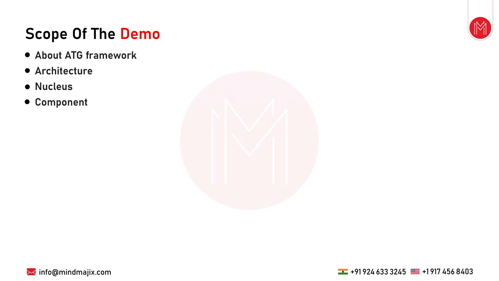ATG is a framework. It provides a few things out of the box, meaning multiple things which we can use directly to cater to our requirements. But most of the time, it also acts as a base for us to enhance the architecture and the features, because what ATG provides might not be used directly, but we can build components on top of that.